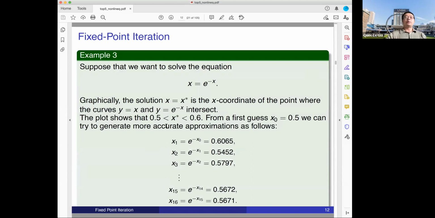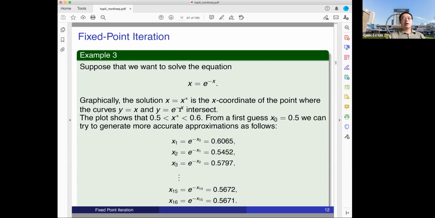Okay, so now another method. Suppose I want to solve this equation: x is e to the minus x. You can plot it. x is the line that goes 45 degrees from the origin up, right? And e to the minus x is just going down from 1 to 0, and then they will cut each other.